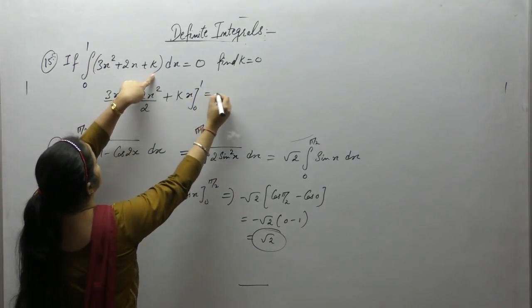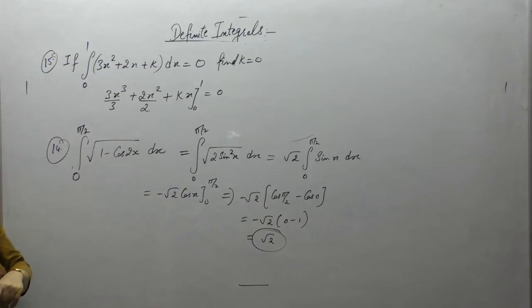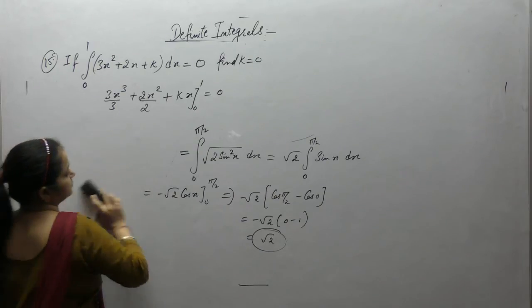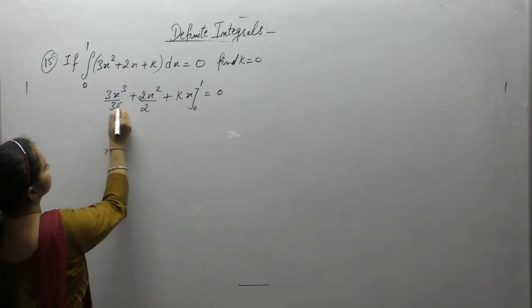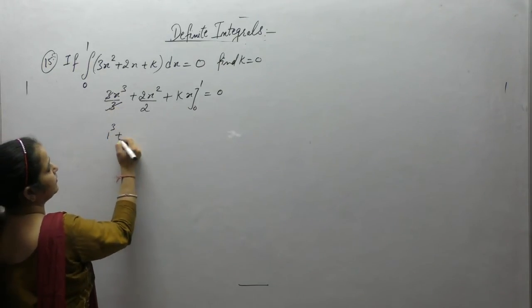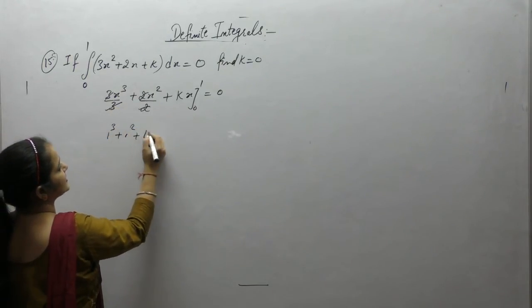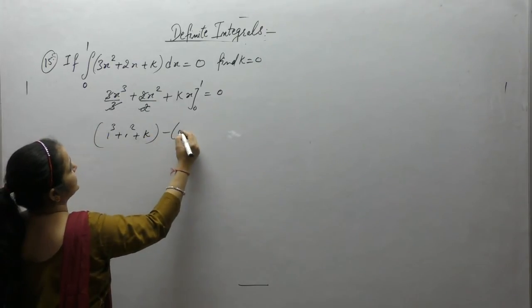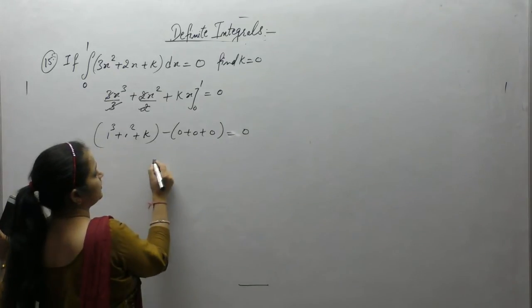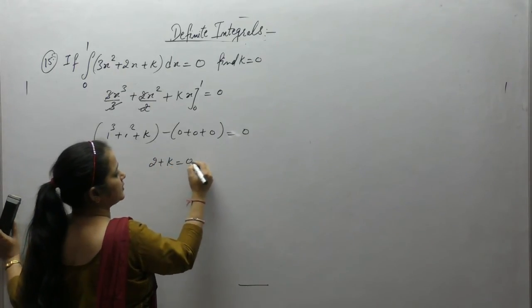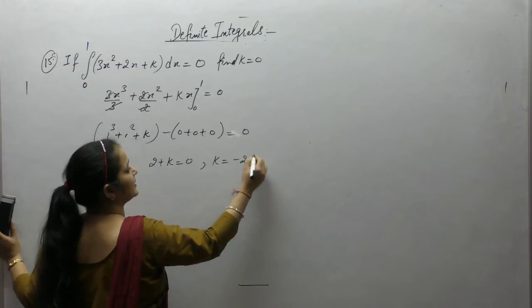The limit goes from 0 to 1. Now put the values. 1 cube plus 1 square plus k minus 0. So 2 plus k is equal to 0. So we get k is minus 2.